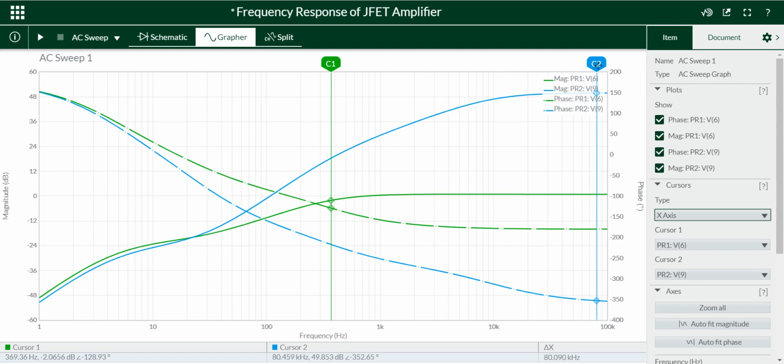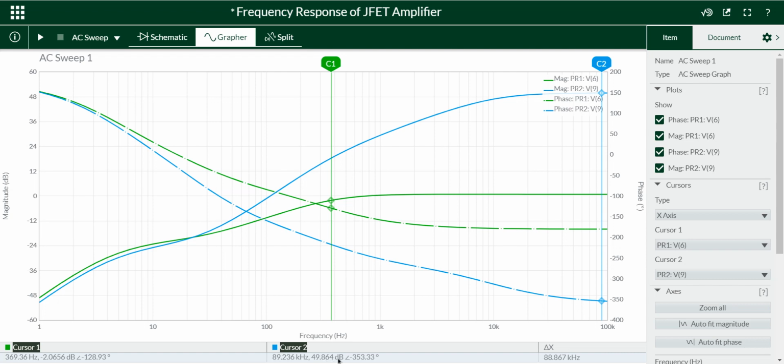So it is already at the maximum value. Over the bottom, you will see the indications cursor 1 and cursor 2. Below that are the frequency and the maximum value.